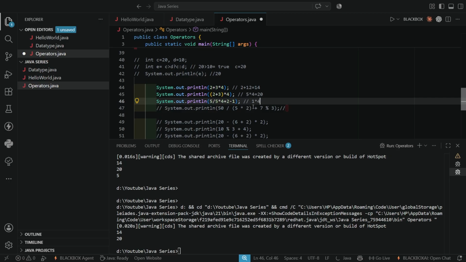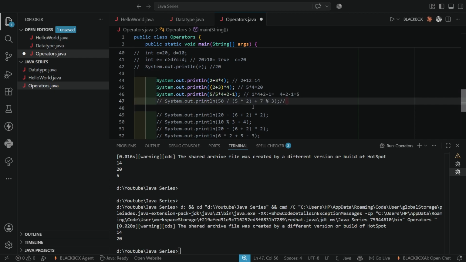Then 1 into 4, plus 2 minus 1. This is the condition. Now 1 into 4 is 4. 4 plus 2 is 6. 6 minus 1 is 5. So this is the answer. Clear? Now let's try to solve the next expression.